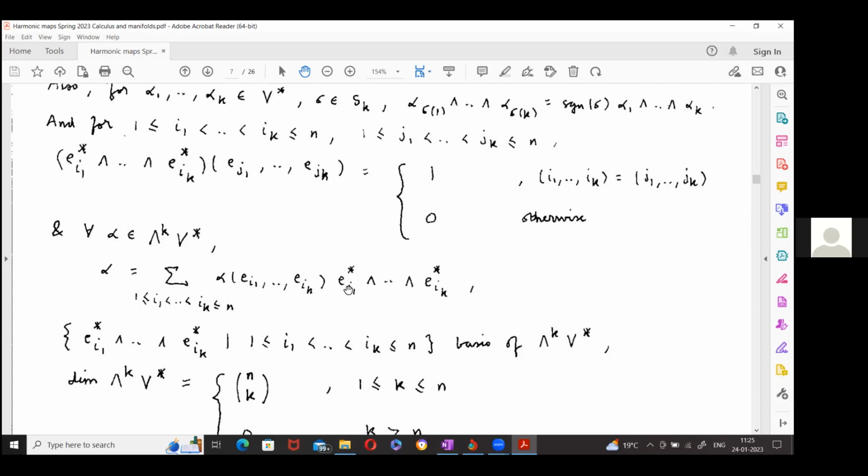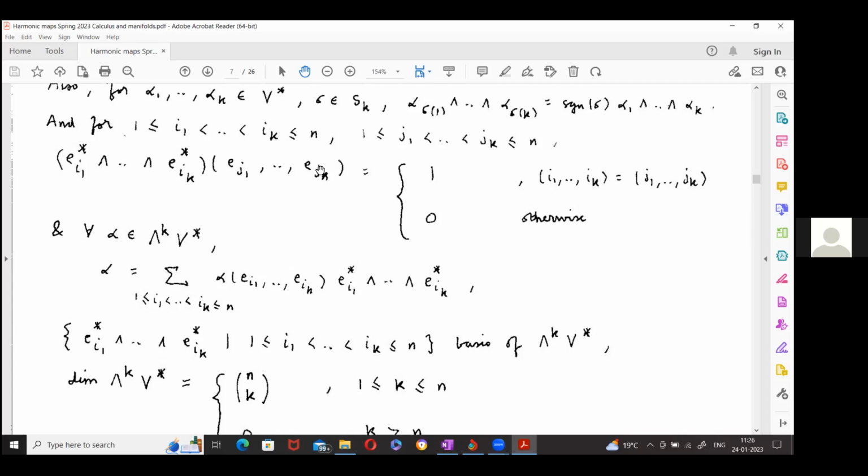And the only non-zero term will be 1 times alpha of ej1 to ejk, which is the same as the left-hand side, alpha of ej1 to ejk. So these two are alternating forms which take the same value on k tuples of basis vectors listed in increasing order. But both are alternating, and given any k tuple of basis vectors, I can always permute them so that they are listed in increasing order.